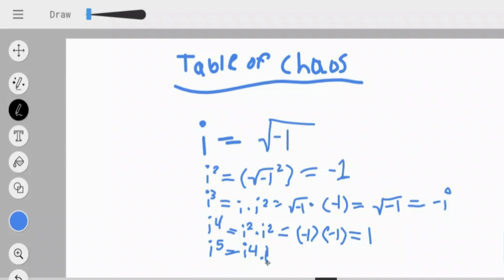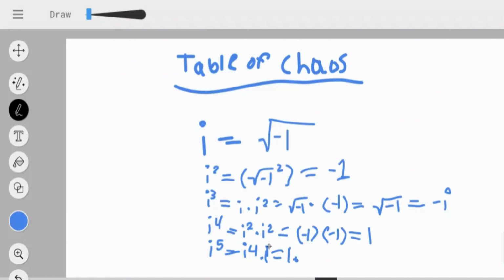Make this a little bit lighter. And then, what is this going to equal? Well, I'll tell you. I still can't really do much with i as of right now. i to the 4th, we know that is 1. And then we're going to times it by this i.